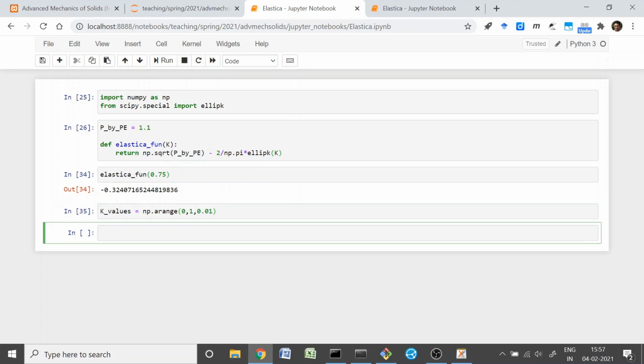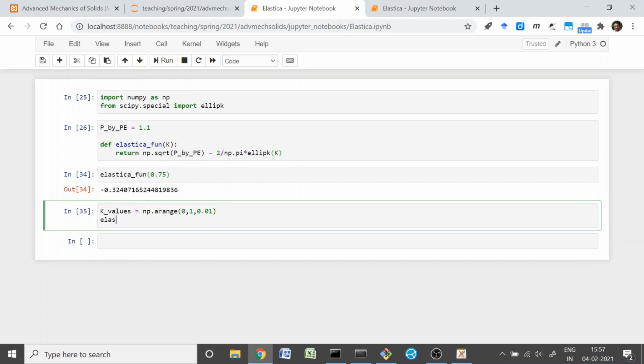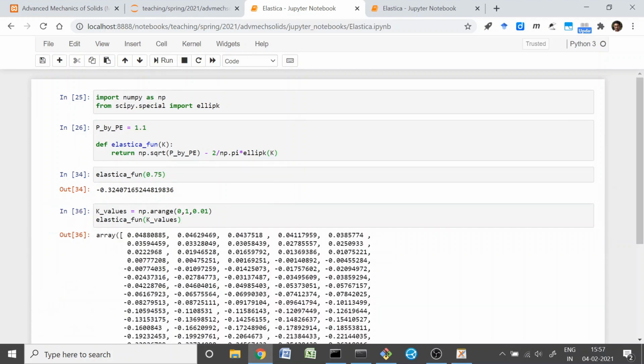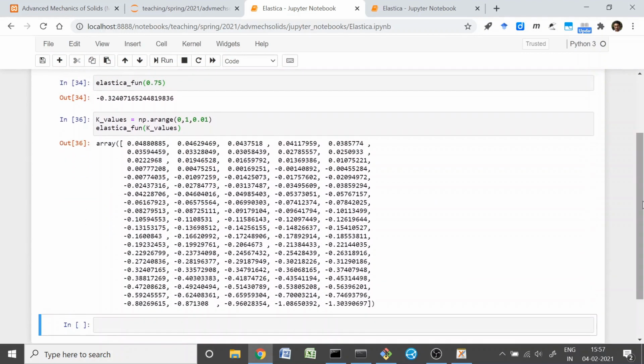Now what I would like to do is to investigate the various values of this function corresponding to each of these values stored within the k values variable. If I do that, you see I do get an array of values. This entire set of values corresponds to each of the values of k in the k values variable, going from 0 to 1 with increments of 0.01.